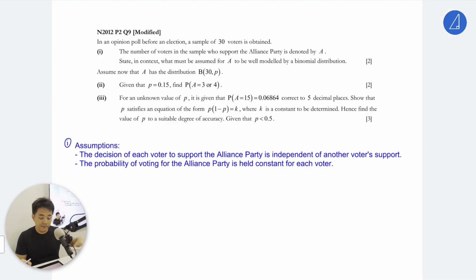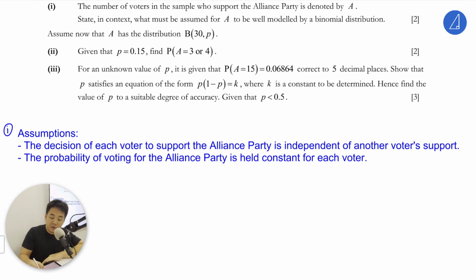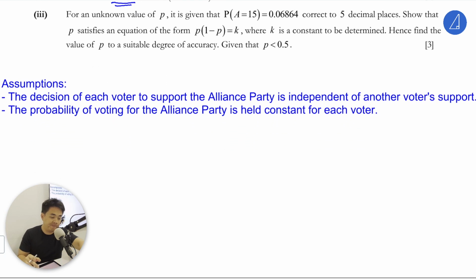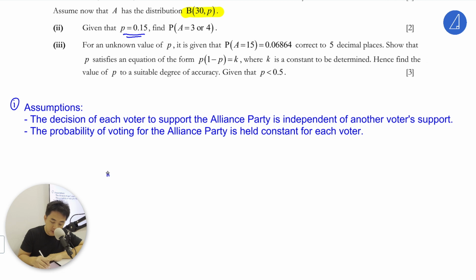That's the first step. I think the second one, assume that A has a binomial distribution of 30 and P. Given that P is 0.5, I think it's pretty okay. Part 2. P is 0.5, so we have A, binomial distribution of 30 and 0.15.